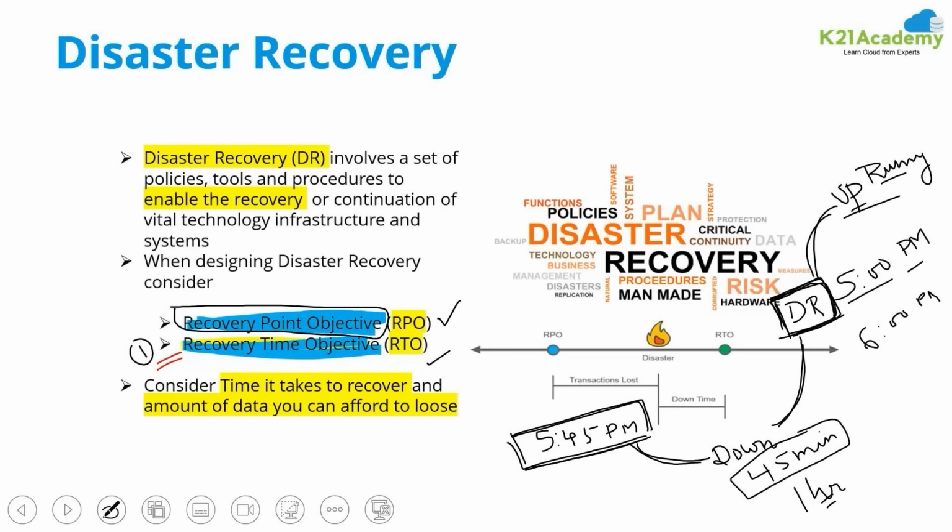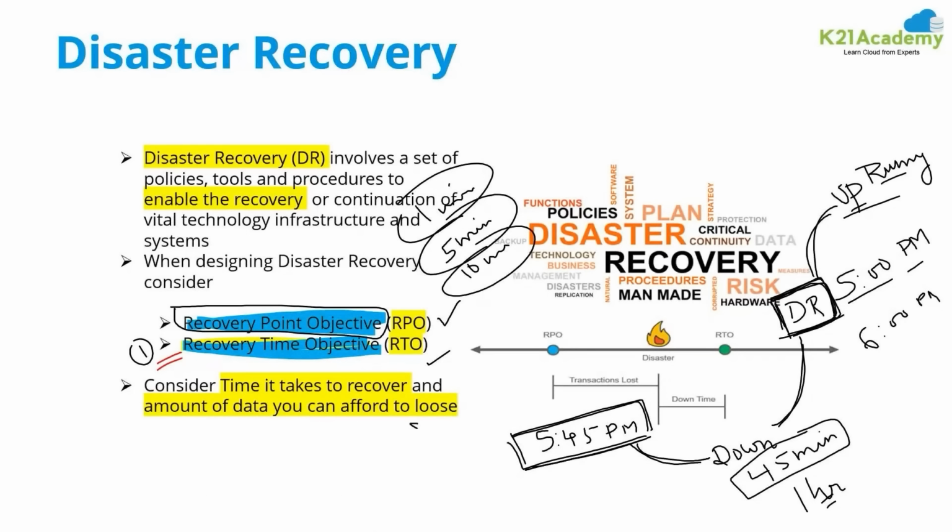Generally they give you a recovery point objective of 5 minutes, 10 minutes, 1 minute, like that. So you have to do the replication in such a manner that if your primary site goes down at 5:45 p.m., your replication should be happening every 5 minutes if you have a 5-minute recovery point objective.